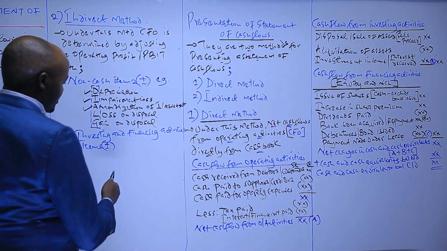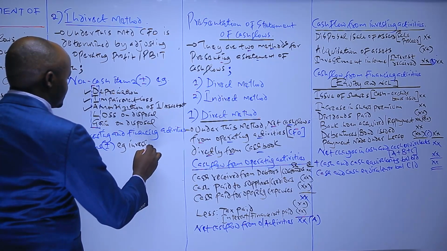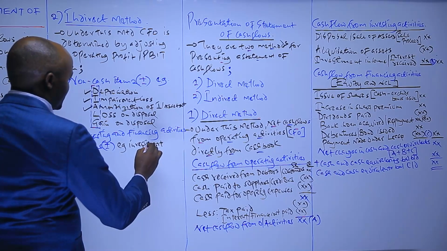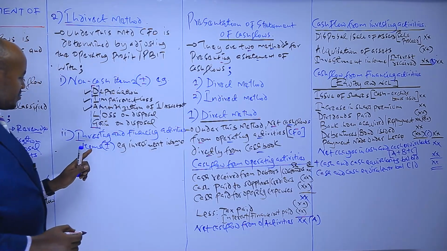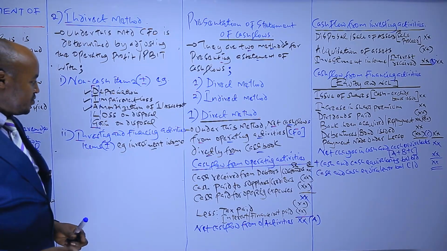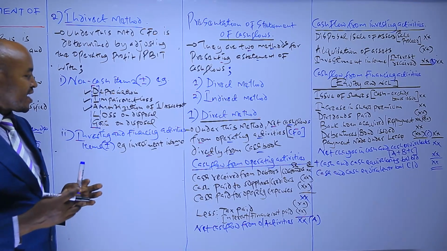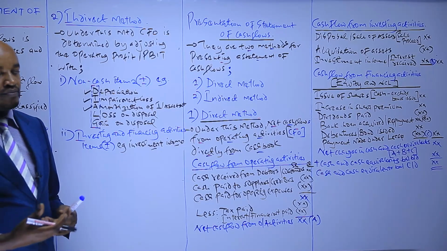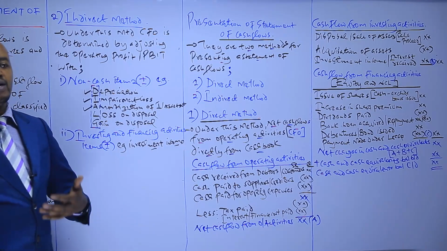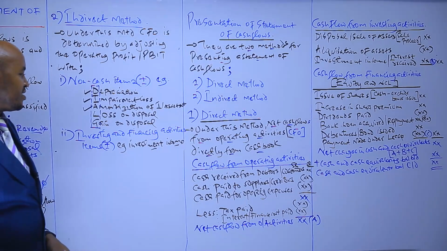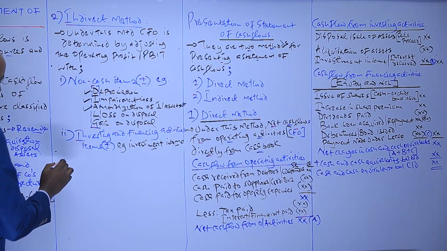A good example of such is investment income, an income generated by the company from investment. When preparing the income statement, we account for investment income as part of other income. So in arriving at this profit, the investment income will have been added, and because it is not an income from operating activities, you less it from that profit.